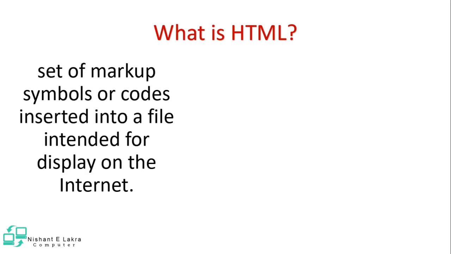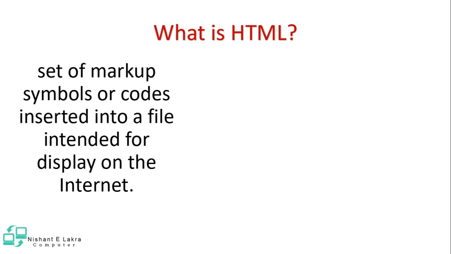Now, this HTML is a set of markup symbols or codes. That means we use symbols and codes that are inserted into a file intended for display on the internet. In simple words, it is a set of markup symbols or codes inserted inside a file with the intention to display it on the internet.